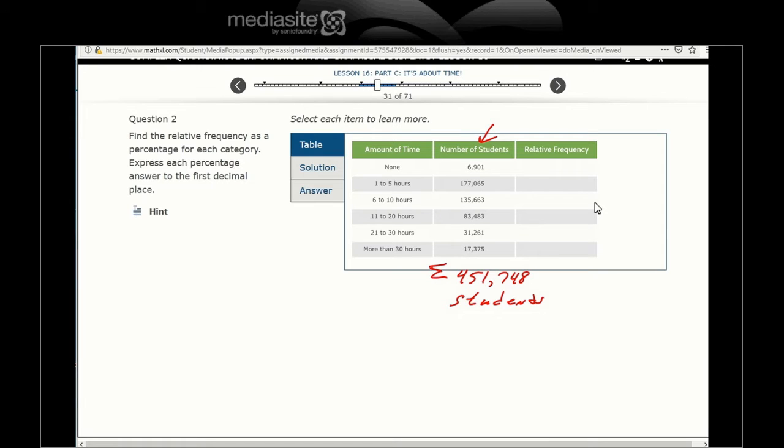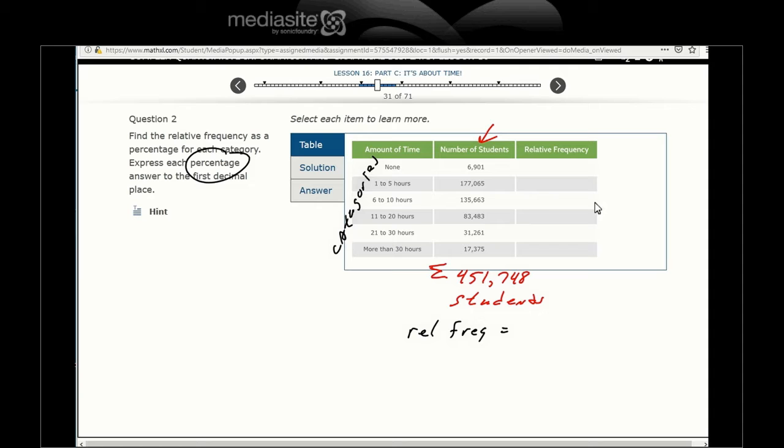Now, find the relative frequency as a percentage of each category. Okay, so here are our categories, the number of students, and the relative frequency as a percentage.